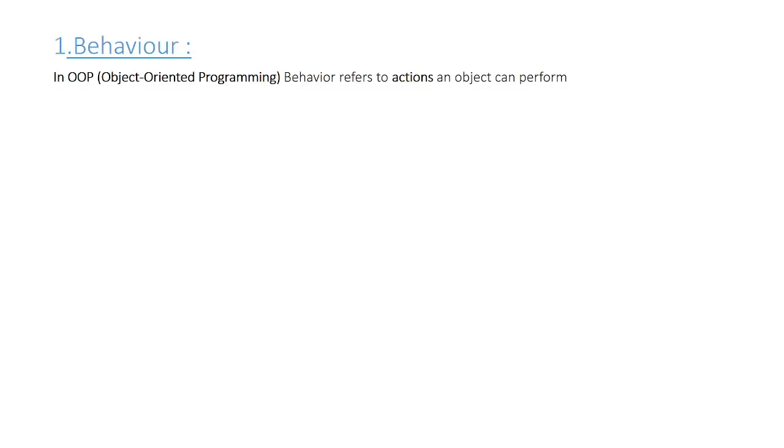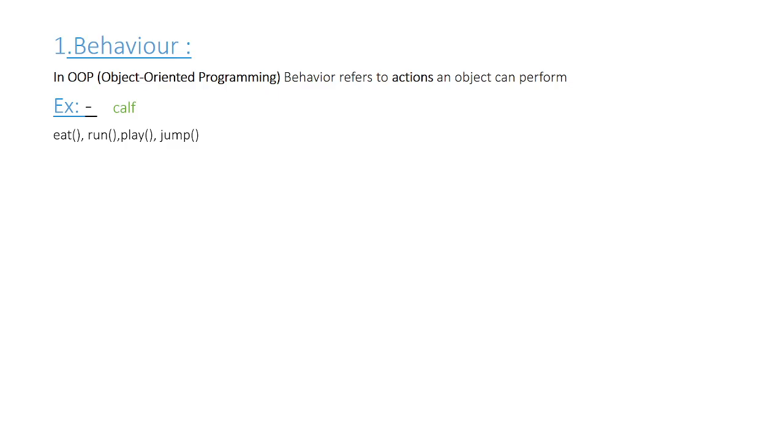So what is meant by behavior? In the OOPS concept, behavior refers to actions an object can perform. Suppose take a calf. What does it do? It will eat grass, it will run, it will play, it will jump. These are all the behavior of the calf.